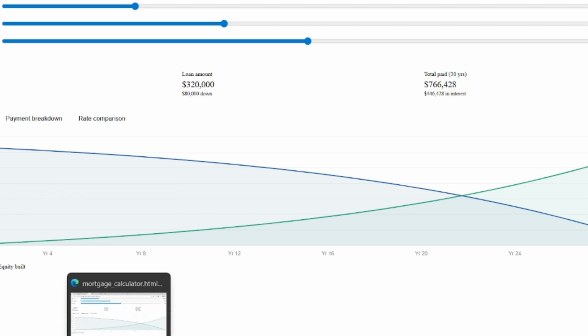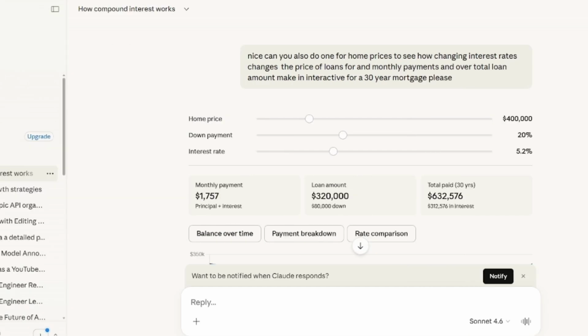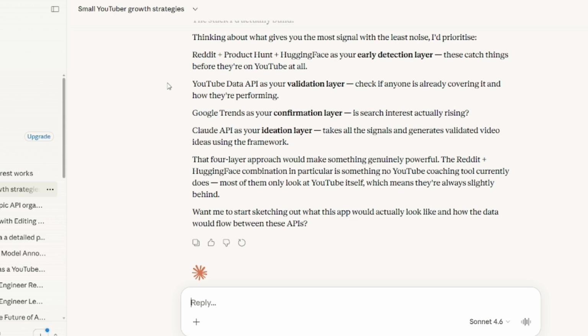But this third example, I think, is the most powerful, especially for people like me that are YouTubers. I fed Claude my entire channel data analytics for the last 365 days. And you may not believe what it actually did.